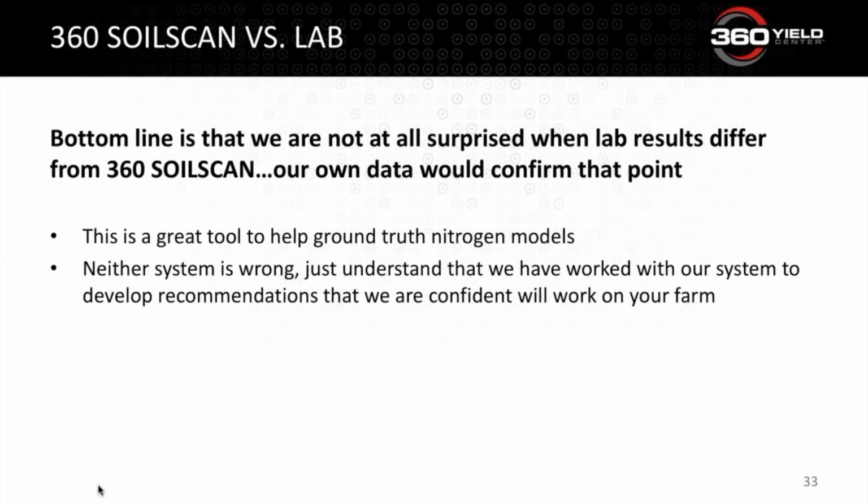Our own data would confirm that point. I will say I'm surprised how much, and we're going to keep testing this. I'll freely say we've taken some samples and thrown them in a truck and let them sit there all day and tested them, and we don't see a lot of differences. So nitrogen is really a slippery pig, and sometimes it's hard to get a complete understanding.